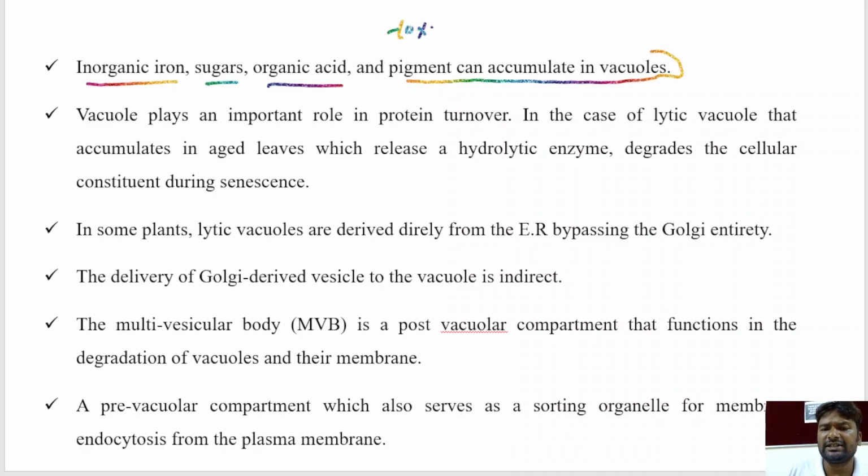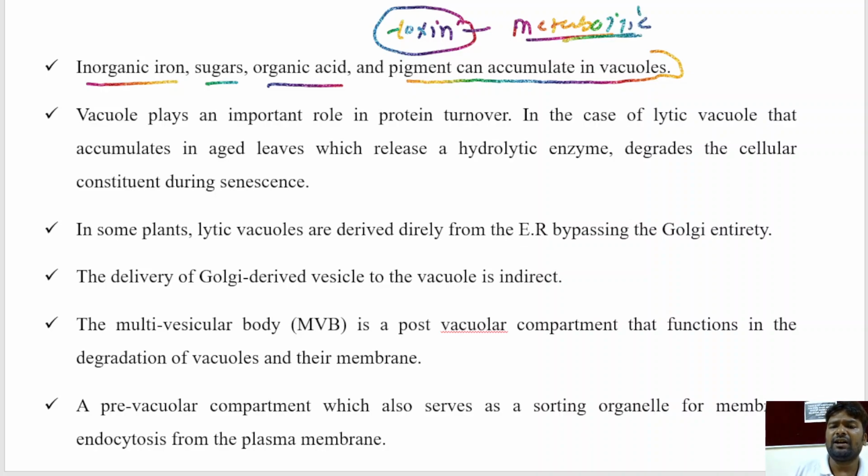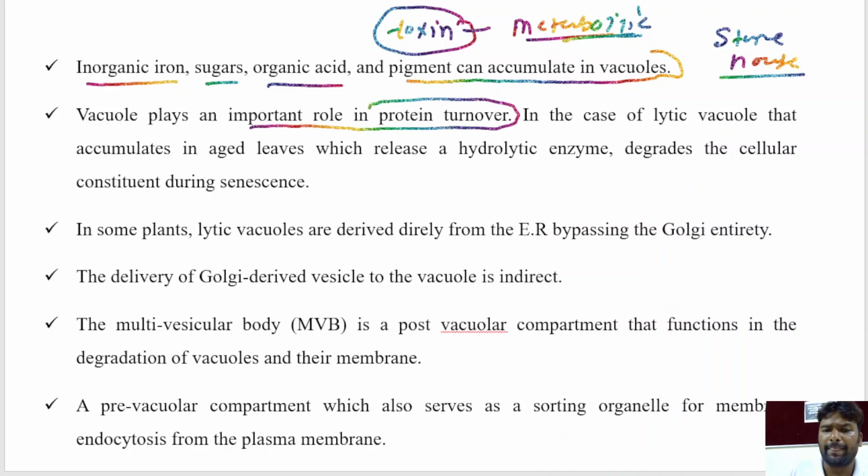Toxins produced during metabolic processes also accumulate in the vacuoles. That's why it is called the storehouse of the cell. And vacuoles play an important role in protein turnover.